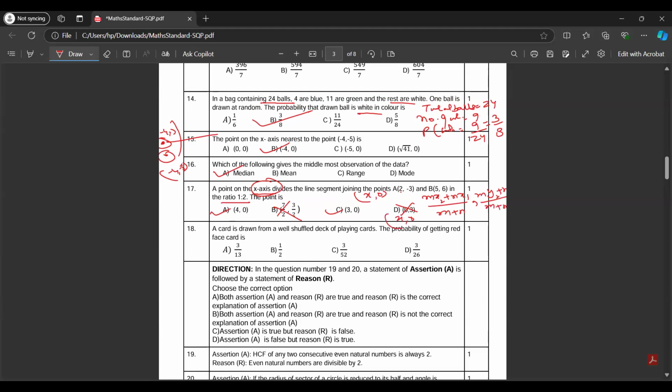Now the point is x, 0. So we need to find the value of x. x will be equal to m x2 plus n x1 upon m plus n. M is 1, x2 is 5, n is 2, x1 is 2. Now solve it. x is equal to 5 plus 4 divided by 3. So it will be 3, 0. Got it?